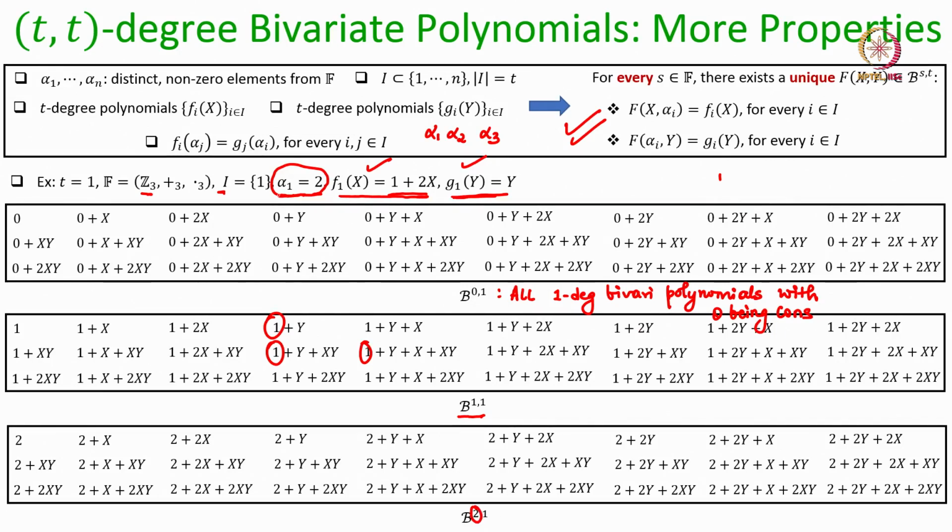Now, you have fixed your evaluation point to alpha 1 being 2 and you are fixing these two univariate polynomials which are pairwise consistent.